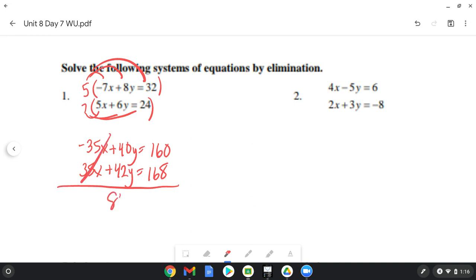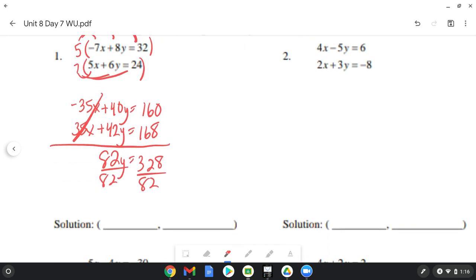And then we'd be left with 82y is equal to 328. Divide by 82. And I have y equals 4. And then I have to plug that back into either the top or the bottom. It doesn't matter.